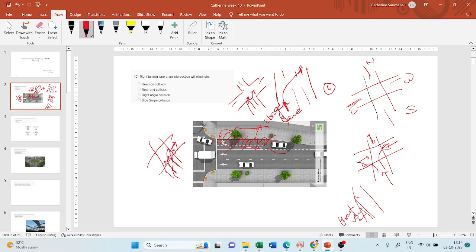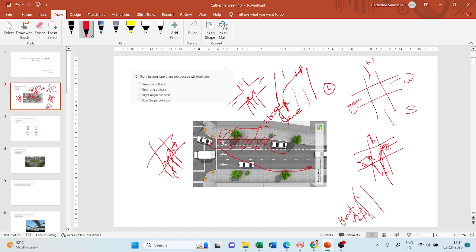Or as I said, if both the through vehicles and right turning vehicles are provided with the same green signal, if they plan to move together, then the vehicle on this leftmost lane has to go through this lane and then only make the right turning movement.